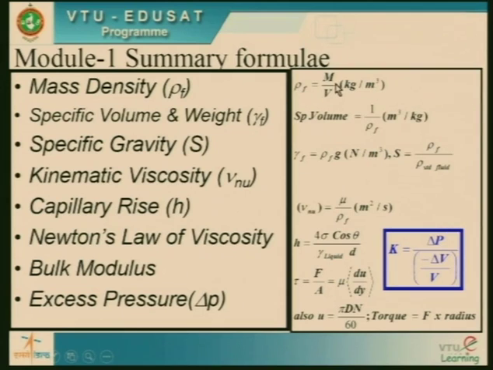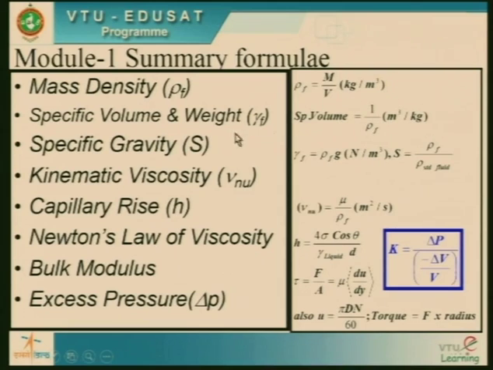The inverse of this, that is 1 by density, is called specific volume. Obviously, the units will be meter cube per kg, the opposite of kg per meter cube.